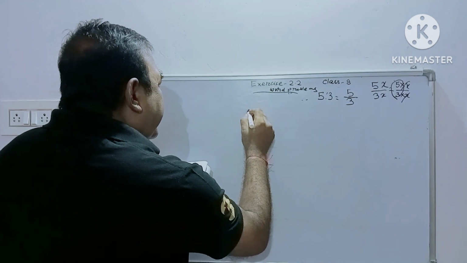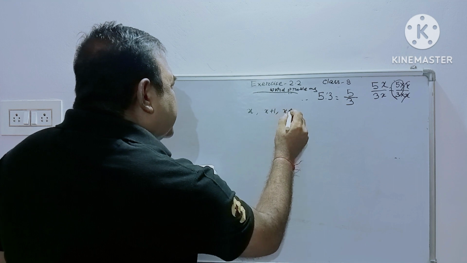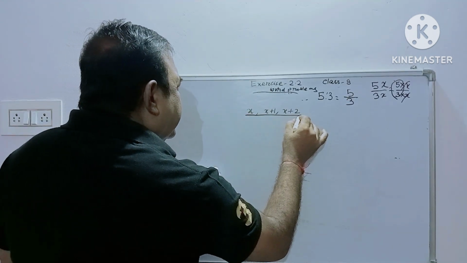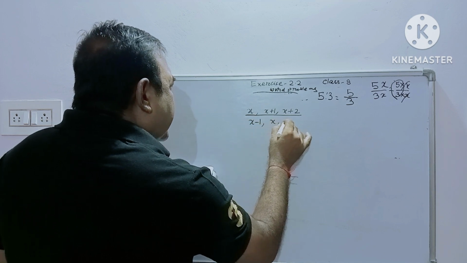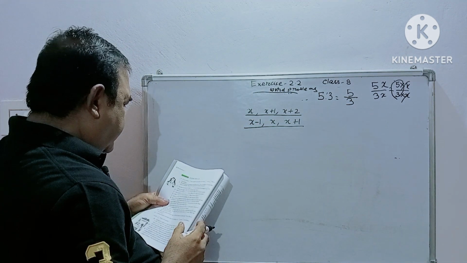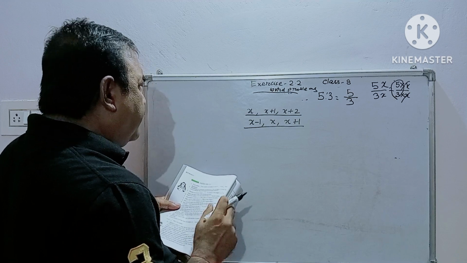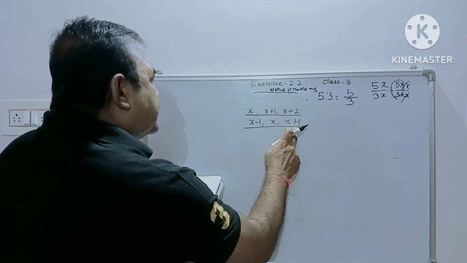If I write x, then x plus 1 and x plus 2, these are 3 consecutive integers. Otherwise I may write x minus 1, x and x plus 1. These 3 are also consecutive integers. And we have to multiply 2, 3 and 4 to x minus 1, x and x plus 1 respectively.